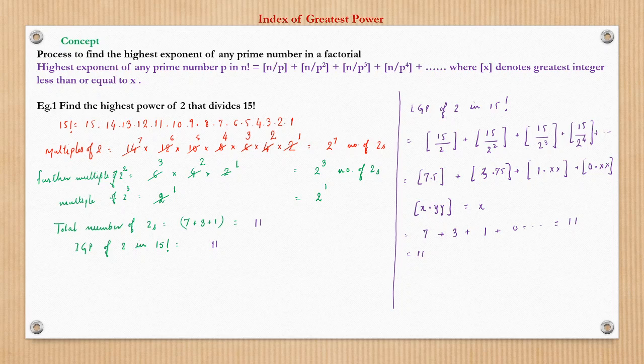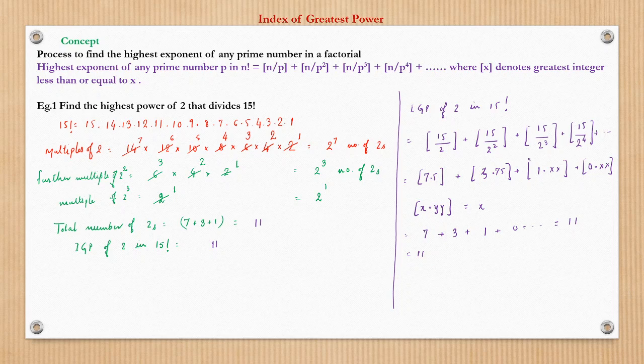So basically what we are doing, we are simply dividing the given number by the respective powers. First we'll start with 2, then 2 square, then 2 cube, then 2 to the 4, and take the largest integral value of such numbers. So doing that we got this.